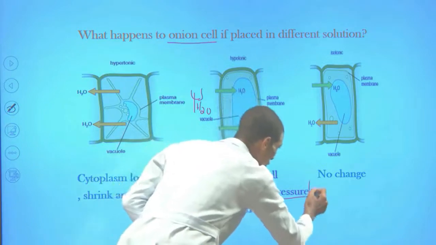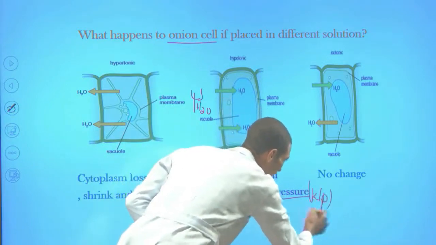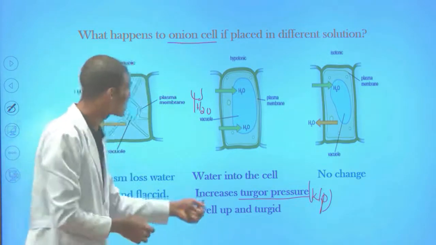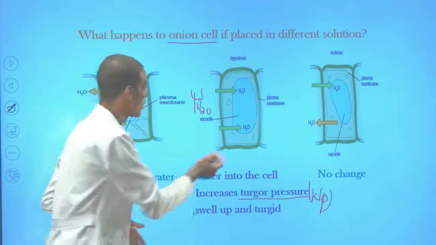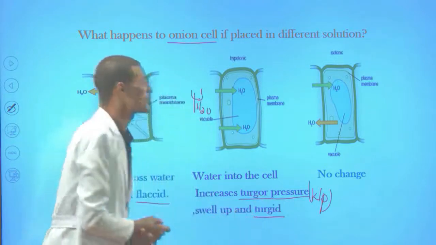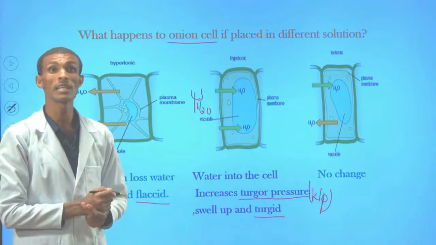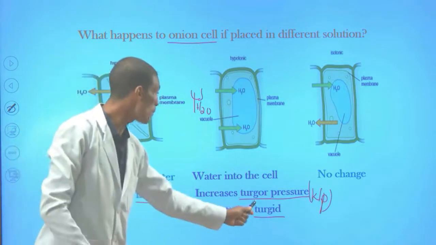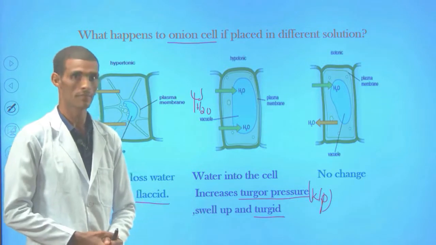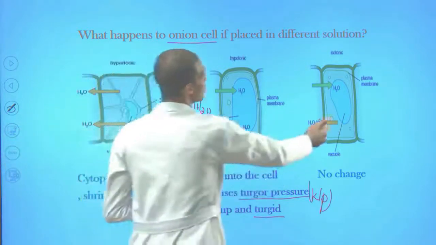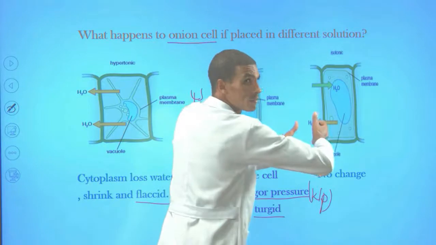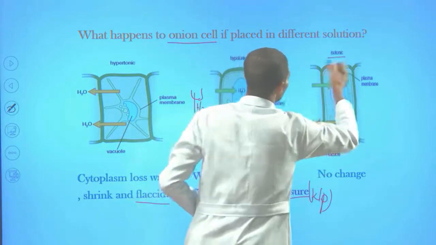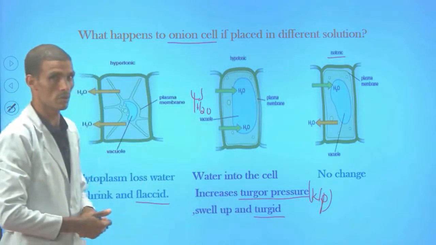Since there is an opposing wall pressure from the cell wall, rather than bursting like an animal cell, the plant cell becomes turgid. This is very important in plants because it makes them firm and strong, to support their branches and leaves. As well, since there is static water movement, no net water movement out of the cell takes place in an isotonic solution.